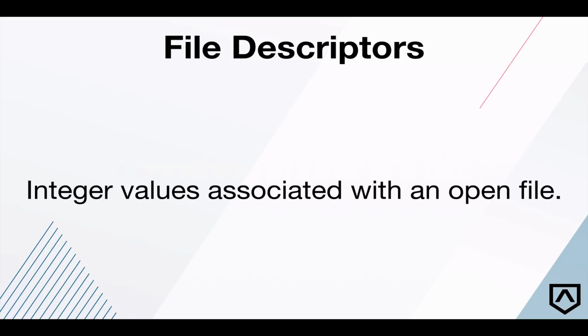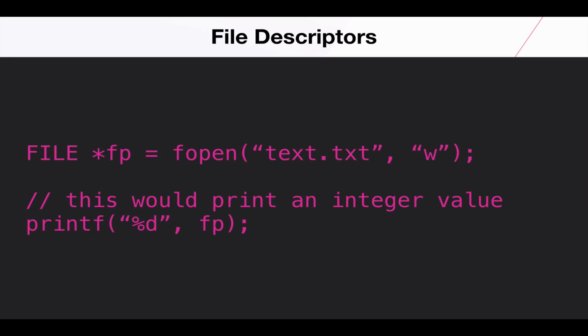File descriptors, which we just saw, are basically nothing more than integer values associated with an open file. For example, if you looked at some C code like this, where we initialized fp, which is a file pointer or file handle, basically the same thing as a file descriptor, using fopen with write access, you could then print out that fp pointer and it would basically just be an integer.